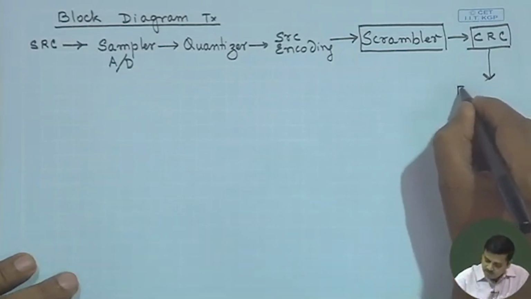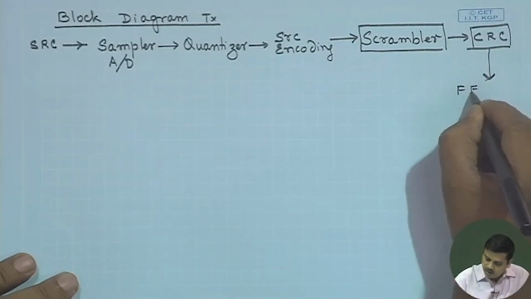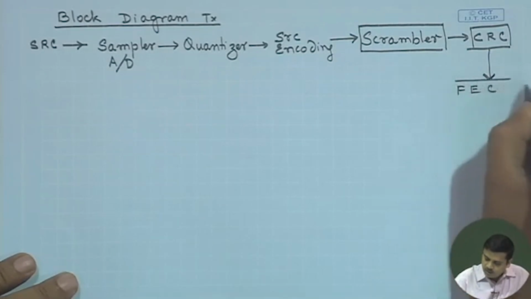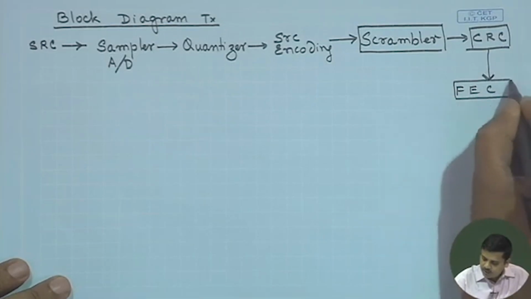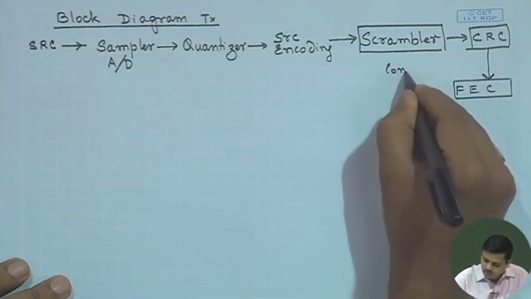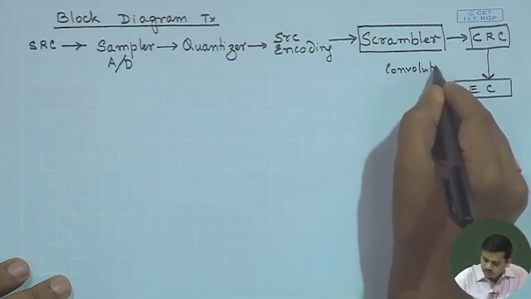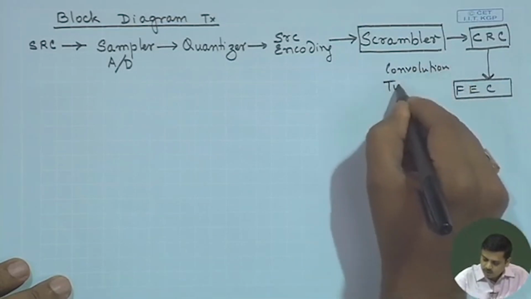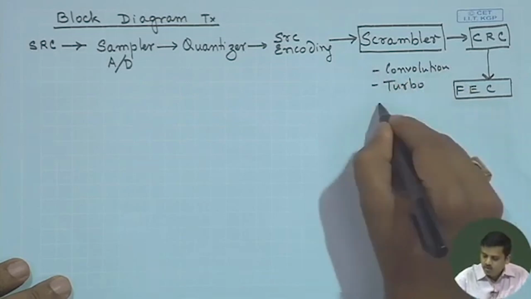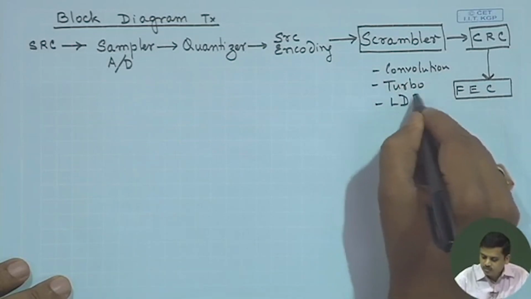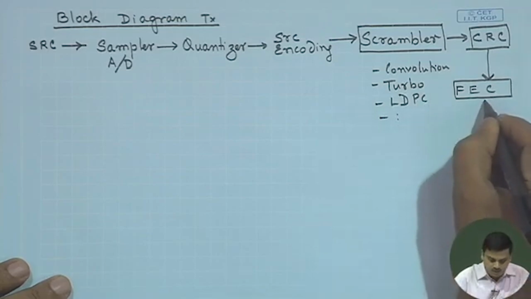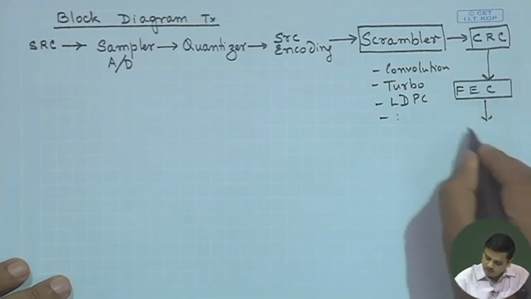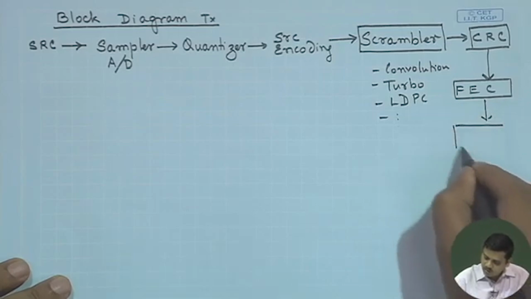Then you can have a forward error correction code block, which adds an error correction code. Some of the examples of forward error correction code could be convolution codes, could be turbo codes, could be LDPC codes, and there are so many other codes. After the forward error correction code, you would have a block known as the interleaver.